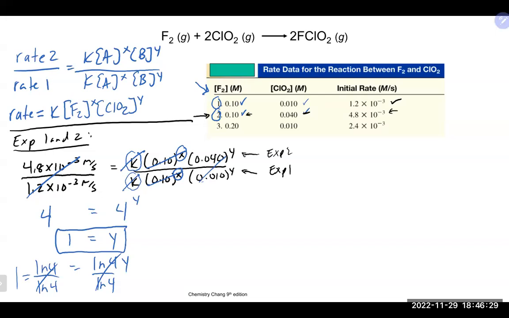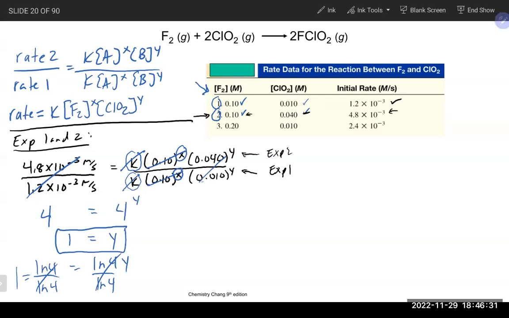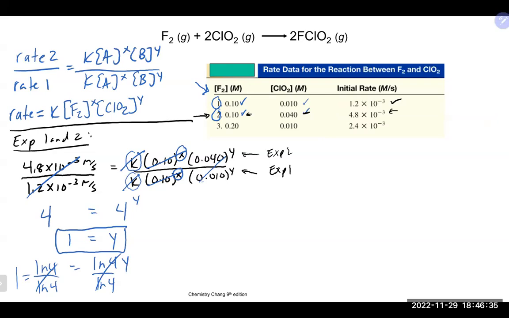We then can go back to our table. Since we kept the F2 constant in that case, now we want to keep the ClO2 constant. Experiment 3 will keep the ClO2 constant, but vary our F2.